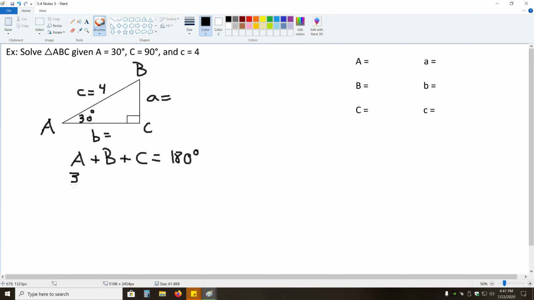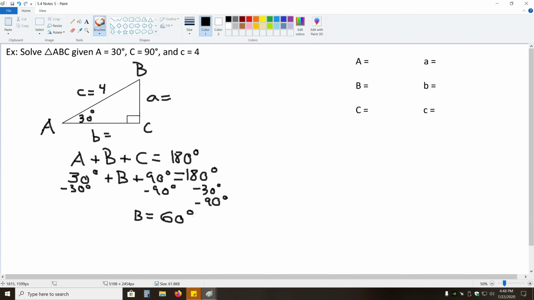So 30 degrees plus B plus 90 degrees has to equal 180 degrees. And if we subtract 30 degrees and 90 degrees from both sides, we get B equals 60 degrees. So let's plug that in over here with our given information.